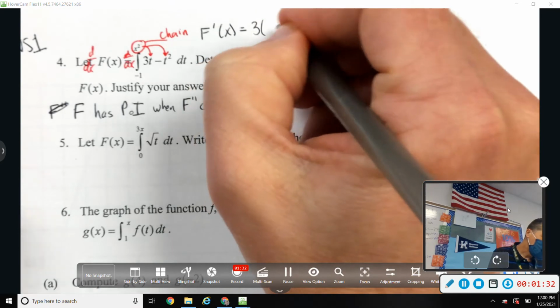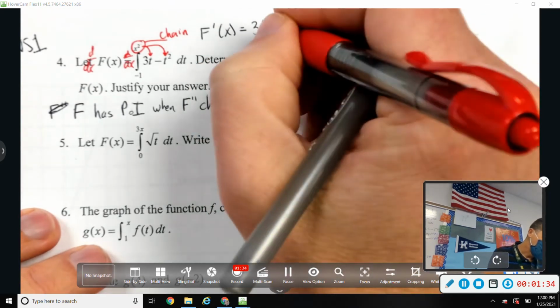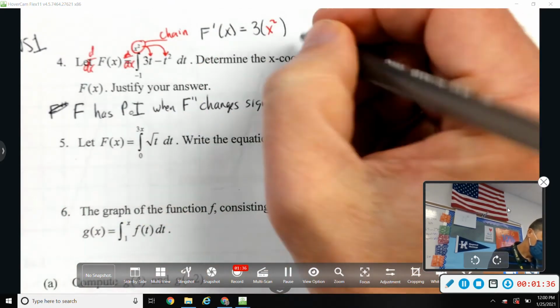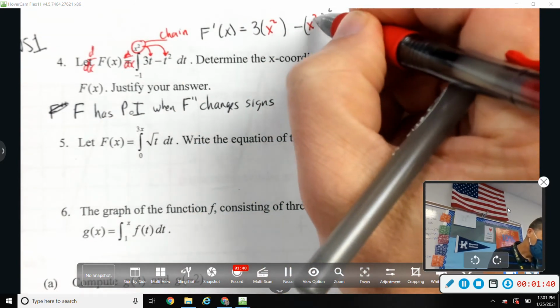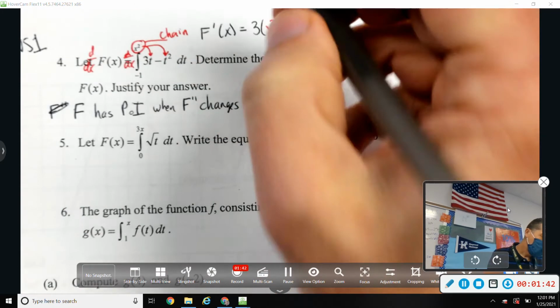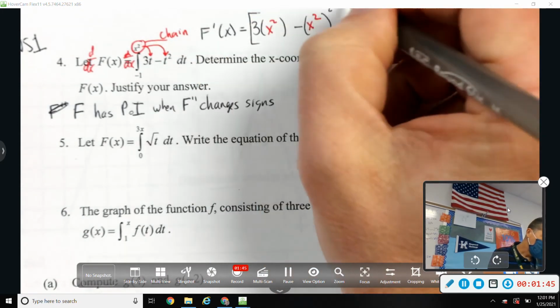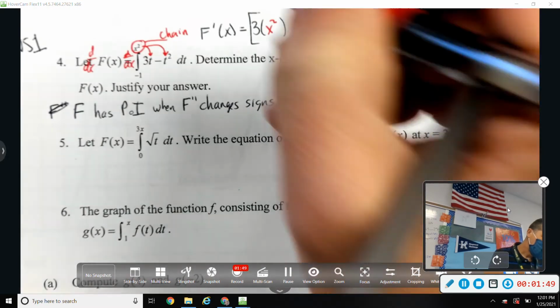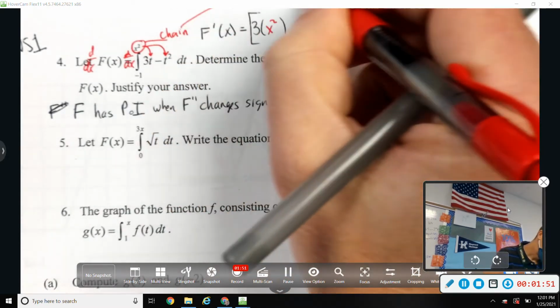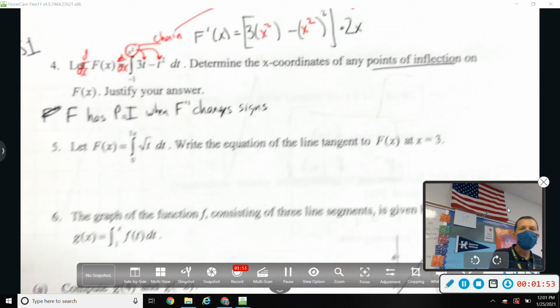So 3 times x squared minus x squared squared, and then all of that times 2x. Chain rule.